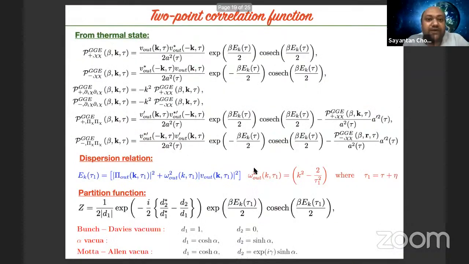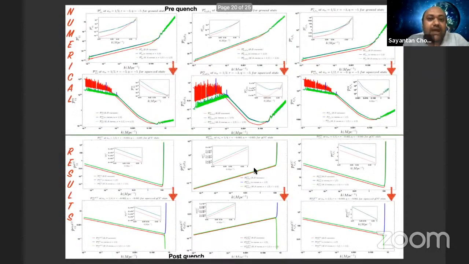So the 2-point function, if you just compare the 2-point correlation function before thermalization and after thermalization, then you are able to see the features. This is before quench and this is after quench.